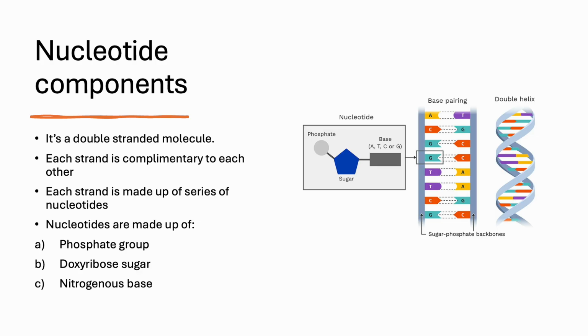Then the backbone is made of the sugar attached to the phosphate. So the nucleotide is composed of phosphate, sugar, and nitrogenous bases, which are arranged and form the DNA structure.